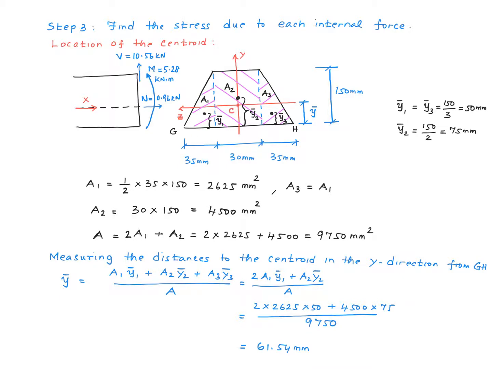In this section, I'm finding the distance y bar to the centroid C measured from this line GH in the y direction. Once again, I'll leave the details here so you can follow through. The value that I got is 61.54 millimeter. In other words, this distance right here is 61.54 millimeter.